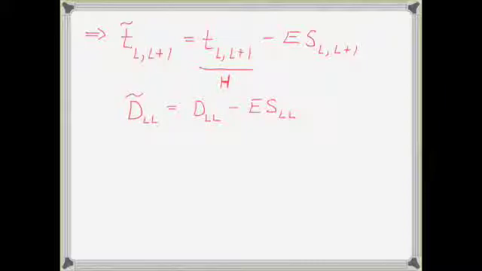Again, this is just coming out of the diagonal block of H, and this is the off diagonal block of H. S_ii is 1, right? What's that? This value is 1.